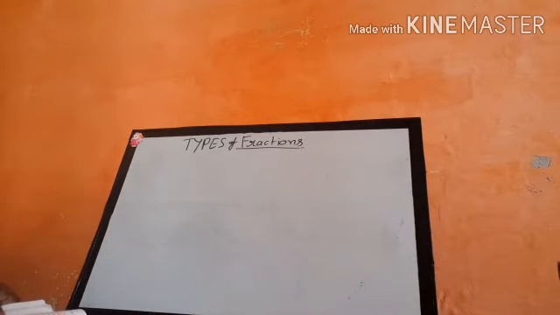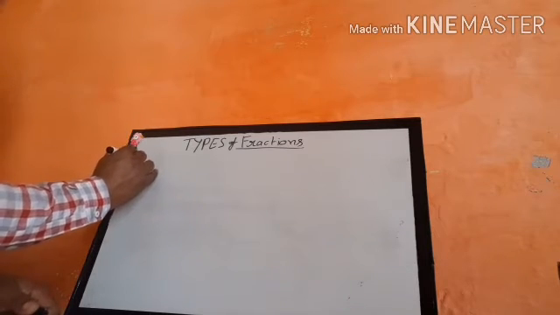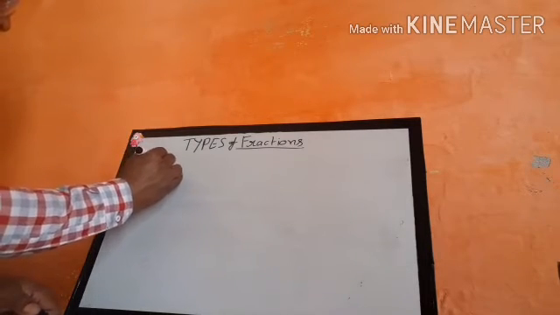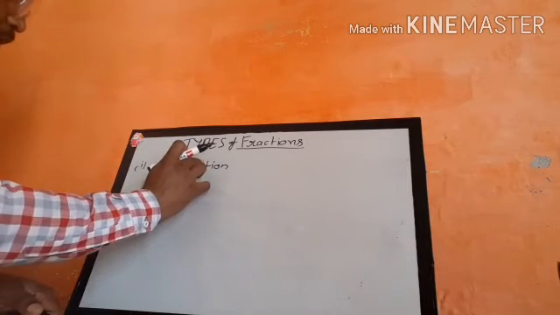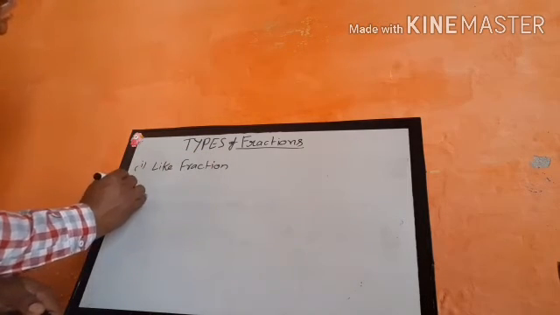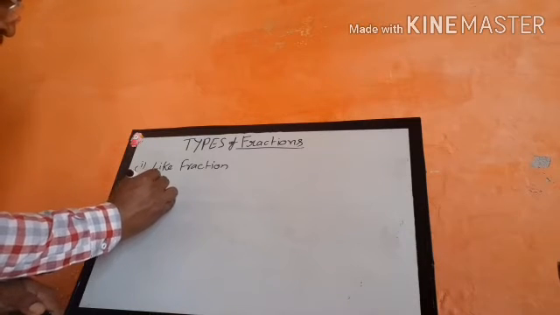Now students, we are going to talk about the types of fractions. Mainly fractions are of 3 types. First is like fraction. Second is unlike fraction.